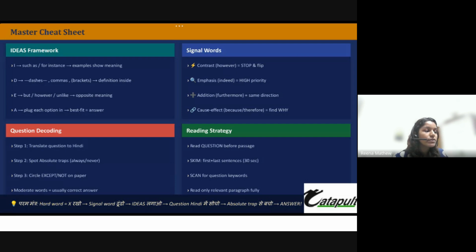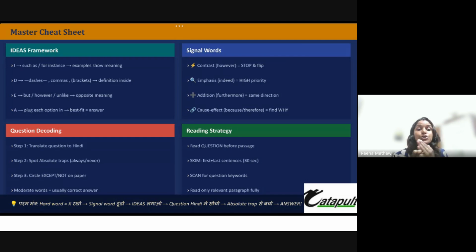Okay. Then we have dashes, commas, or brackets. Inside them there will be the meaning most of the time, or some extra information about that difficult word will be given in the brackets. Then we have contrast words or opposite meaning words, like unlike, however, despite, but. So if you know the meaning, reverse it.